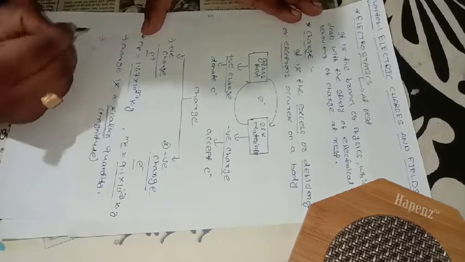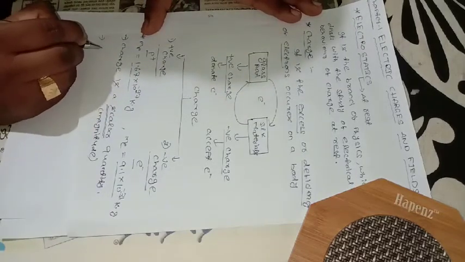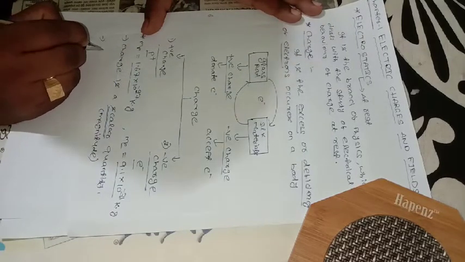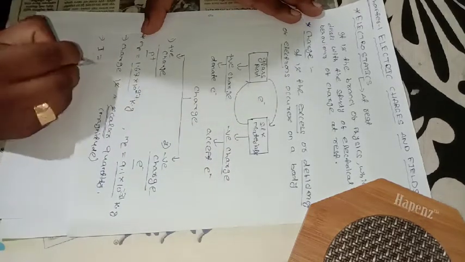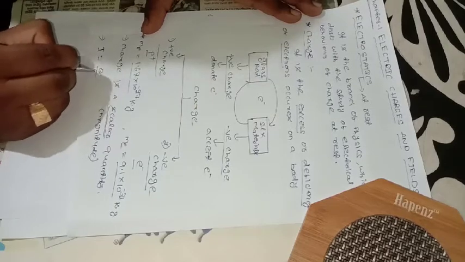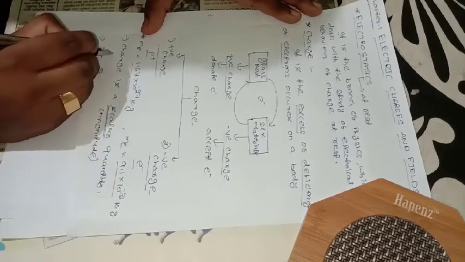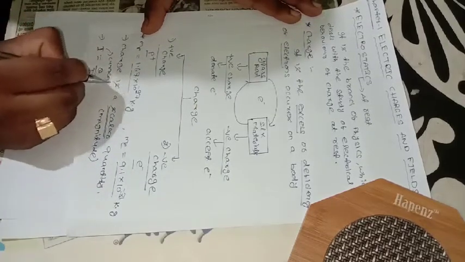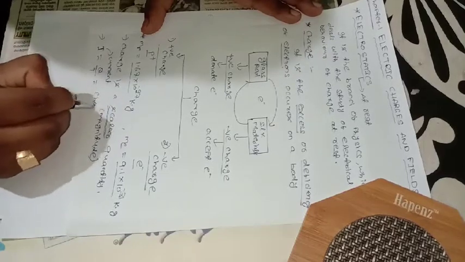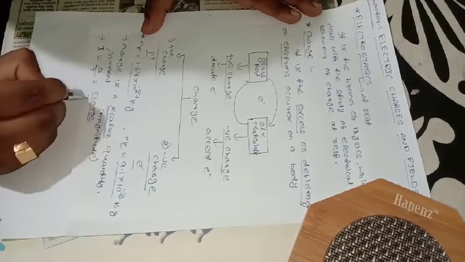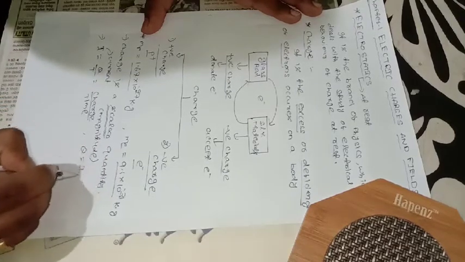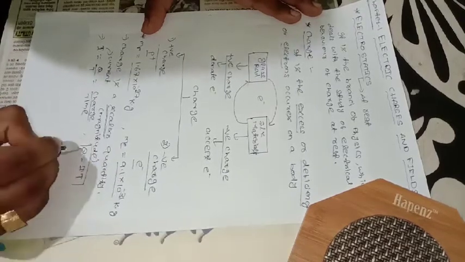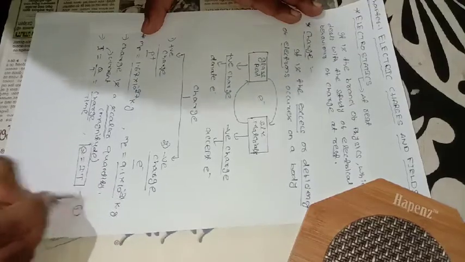We know that I is equal to current. Current is equal to charge by time, or you can say Q is equal to IT. That is the first formula of the NCERT book. Q is equal to IT.